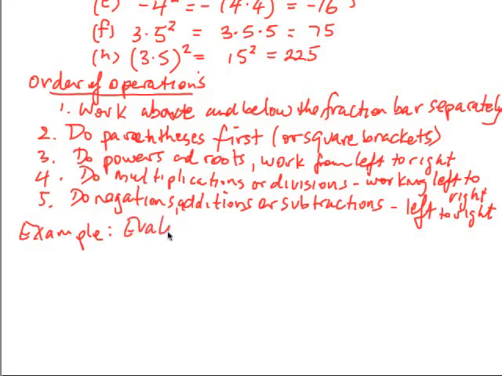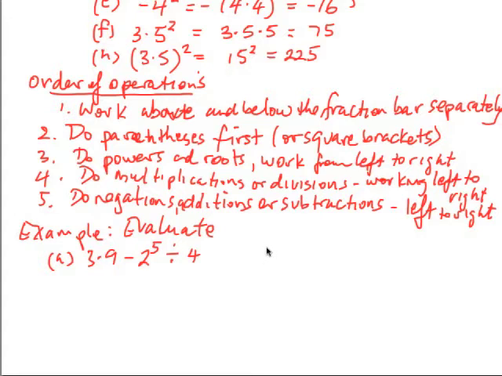Evaluate. All right, part A. Let's suppose we want to do 3 times 9 minus 2 to the 5 divided by 4. Okay, so we don't have any parentheses. We don't have a fraction.